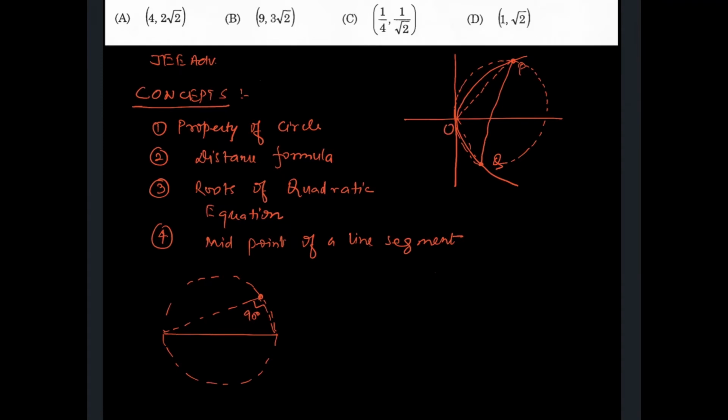Now we'll use the property of a midpoint of a line segment. So if P and Q are given to you, then the coordinate of the midpoint C will be the x coordinate of P plus x coordinate of Q divided by 2, and y coordinate of P plus y coordinate of Q divided by 2.